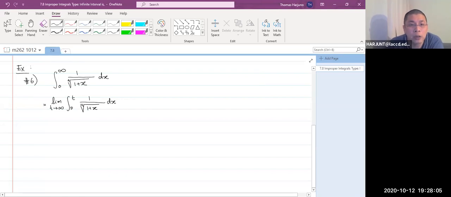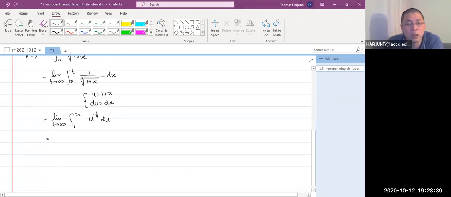How do I integrate this? I use substitution: u equals 1 plus x, so du equals dx. The limit as t goes to infinity of the integral, where the limits become 1 to t plus 1, of u to the power of negative 1/4 du.